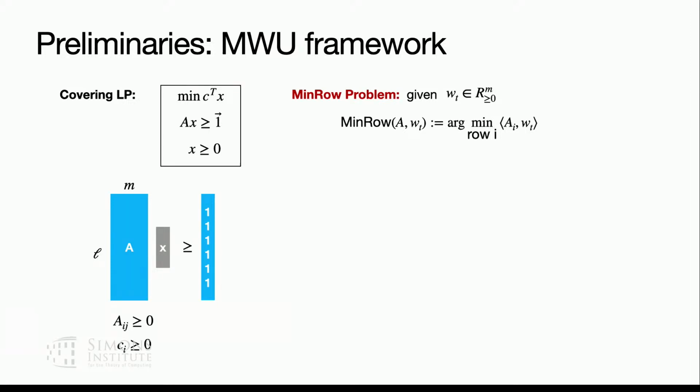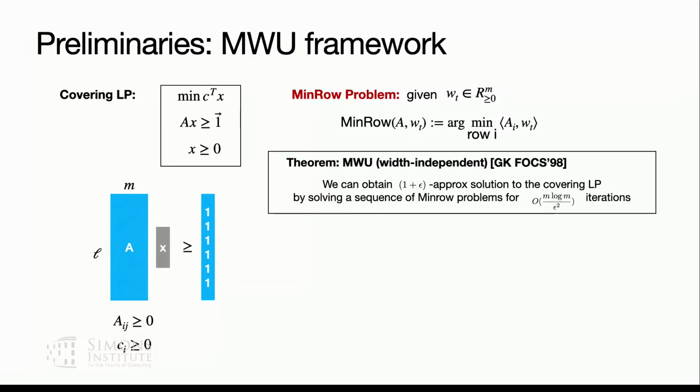The min row problem is the following: I give you a weight vector, which is basically the weight of each column, and the min row problem asks for the row such that the inner product between the row of the matrix and the weight is minimized. That's the min row problem. And the key theorem is that you can obtain a 1 plus epsilon approximate solution to this covering LP by solving a sequence of this problem for m log m over epsilon squared iterations.